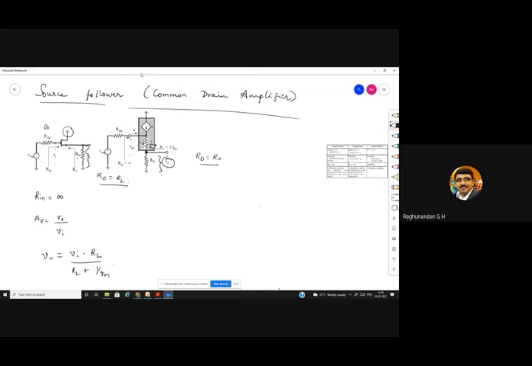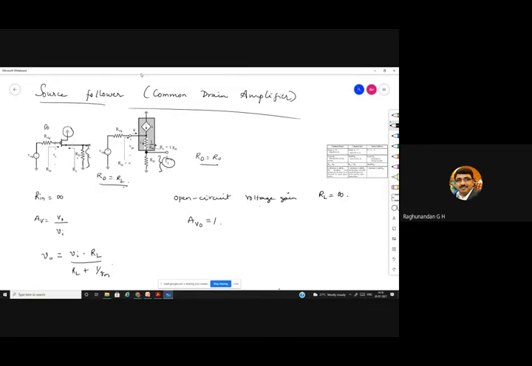And here for the open circuit voltage gain, we are going to take RL as infinity because, as I have told, whenever you take the output across the source terminal, the open circuit voltage gain will be equal to 1.